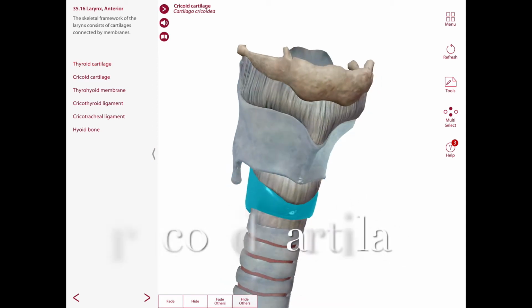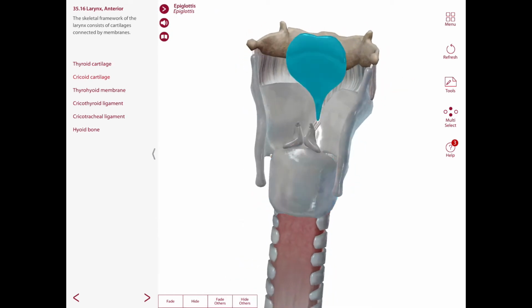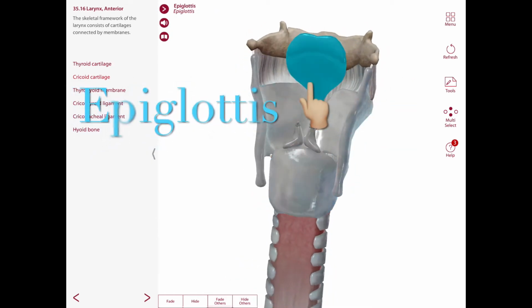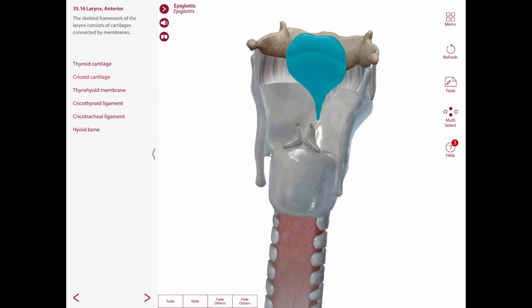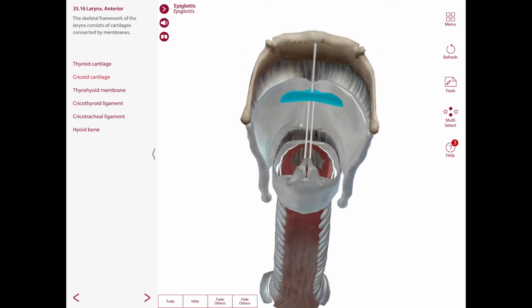There's also the cricoid cartilage, and posteriorly, we have the epiglottis, a flap that closes over the glottis, the opening into the larynx, during swallowing. And then, of course, we have the vestibular folds and vocal folds, which are the true vocal cords.